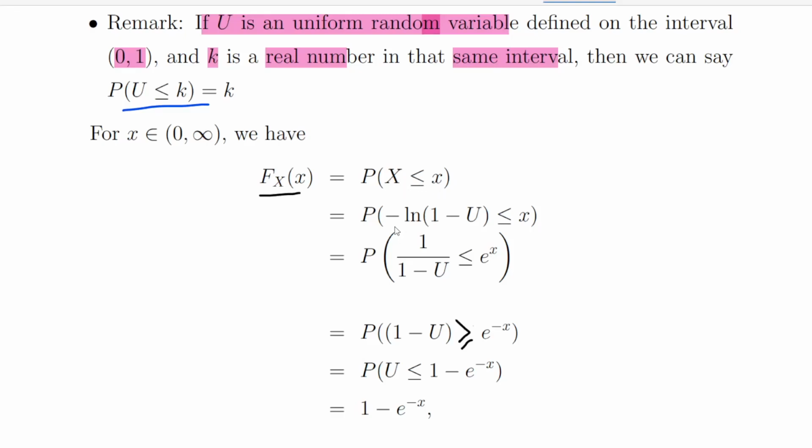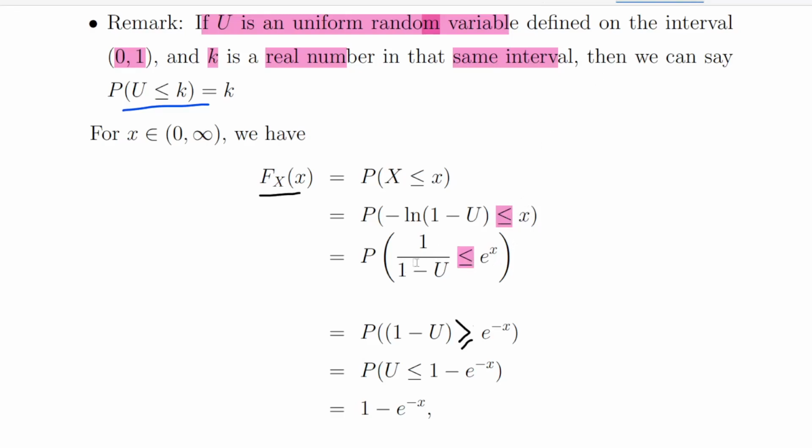So we substitute in the transformation of u that gives us X. That is the probability of minus log of 1 minus u less than or equal to x. Now we can apply some algebraic rearrangements, being careful about how this affects the direction of the operator. We have less than or equal to x here.